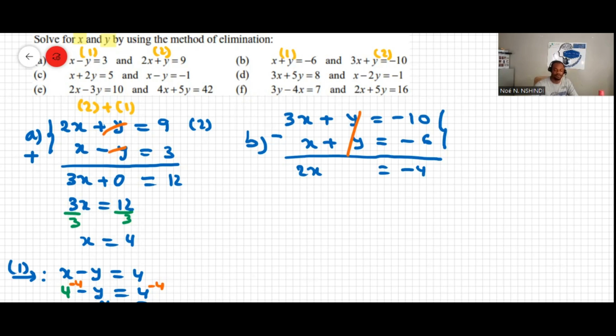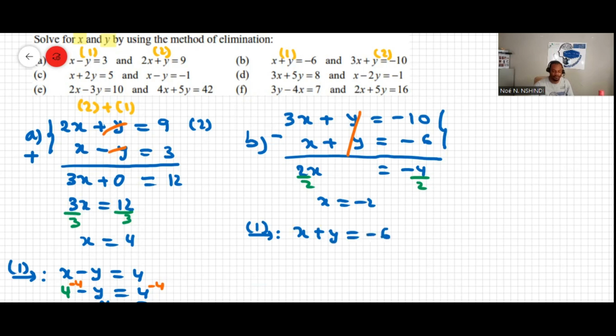Now we can get the value of x if we divide by 2 both sides, and this will make x equal to negative 2. Now that you got the value of x, we're going to substitute it back in either equation 1 or equation 2 to find the corresponding value. From equation 1, we had x plus y equal negative 6.